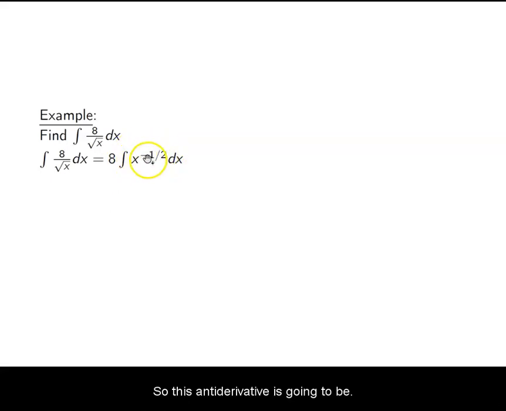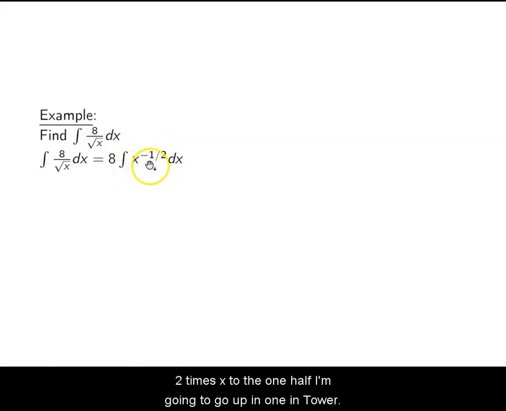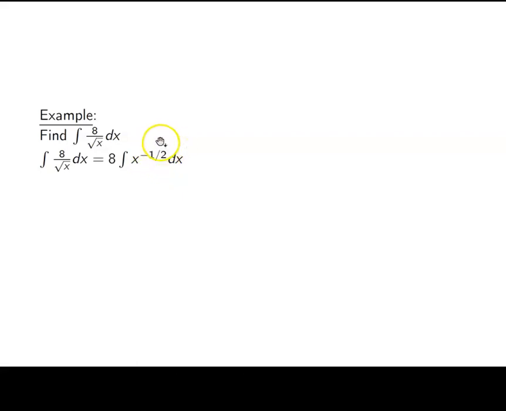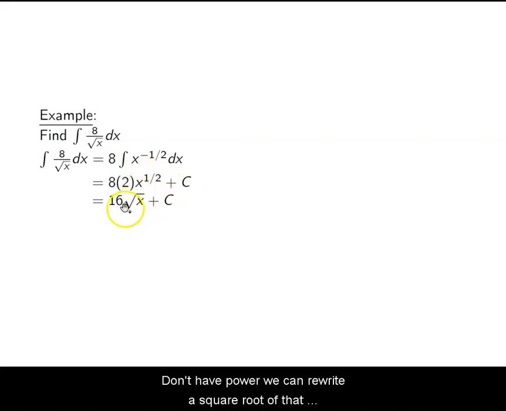So this antiderivative is going to be 2 times x to the 1/2. I'm going to go up in power, which is 1/2, right? -1/2 plus 1 is 1/2. And the reciprocal of 1/2 is 2. So this is going to turn into 16 times x to the 1/2 power plus c. 1/2 power we can rewrite as square root of x, or you can keep it as 1/2, but this is its antiderivative.